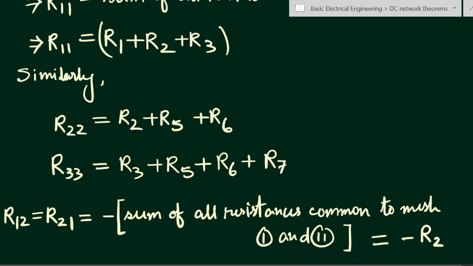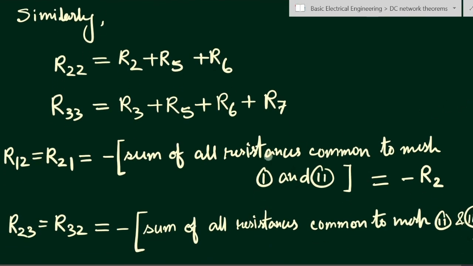Now let us see, similarly, we can find out R23 and R32. R23 and R32 mean the resistance of loop 2 with respect to loop 3, the resistances that are common to mesh 2 and 3. If we find the common resistances, find their sum, and put a negative sign in front of them, that will be the value of R23 and R32.